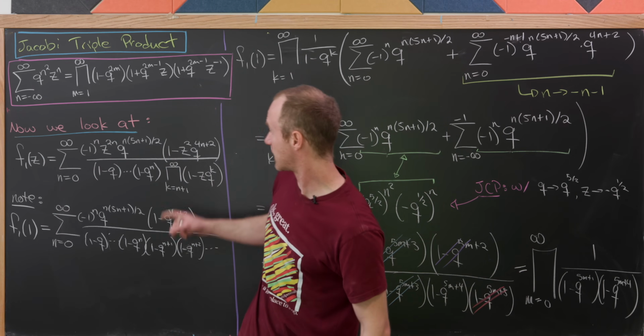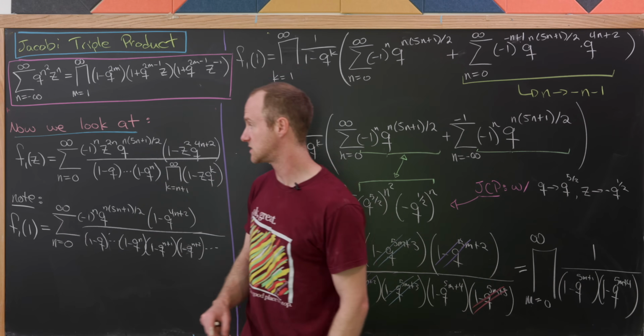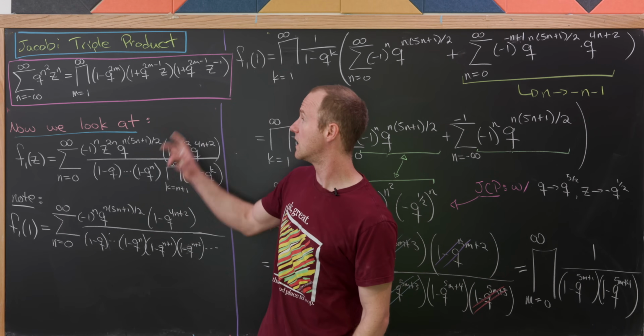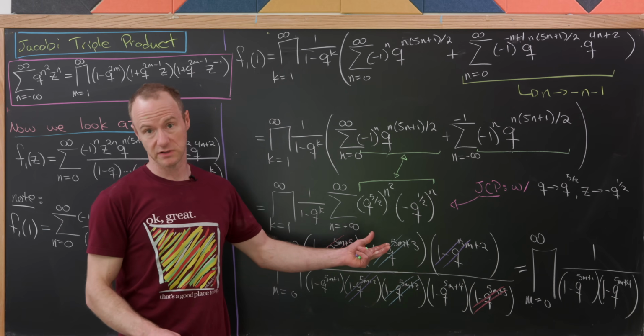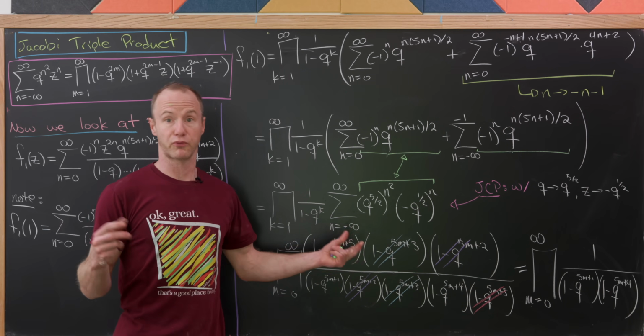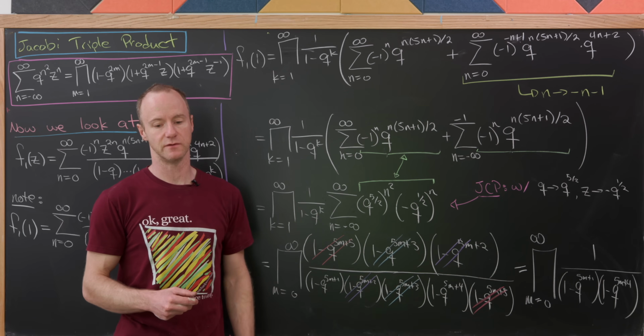So it turns out that this fancy function here, when specialized to z equals 1, and after applying the Jacobi triple product identity, will give us this nice product side of the identity that we're trying to prove.